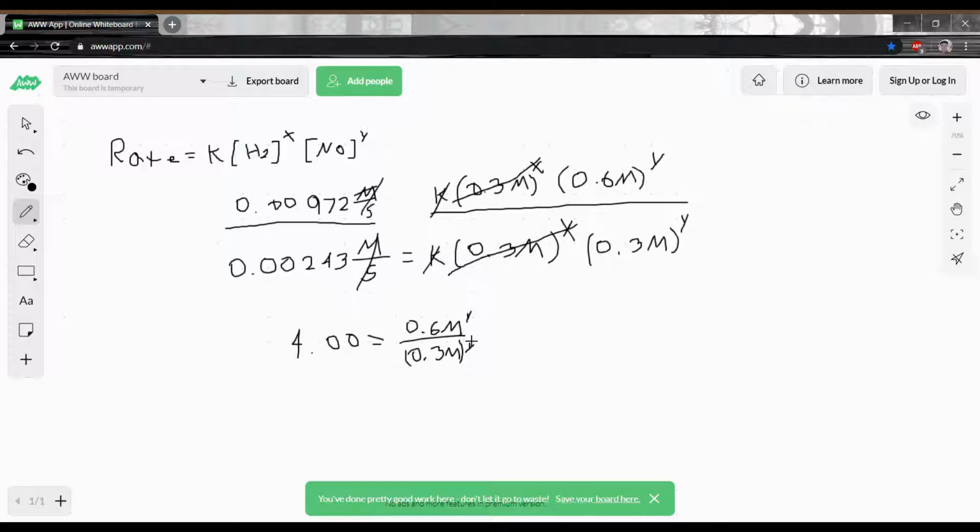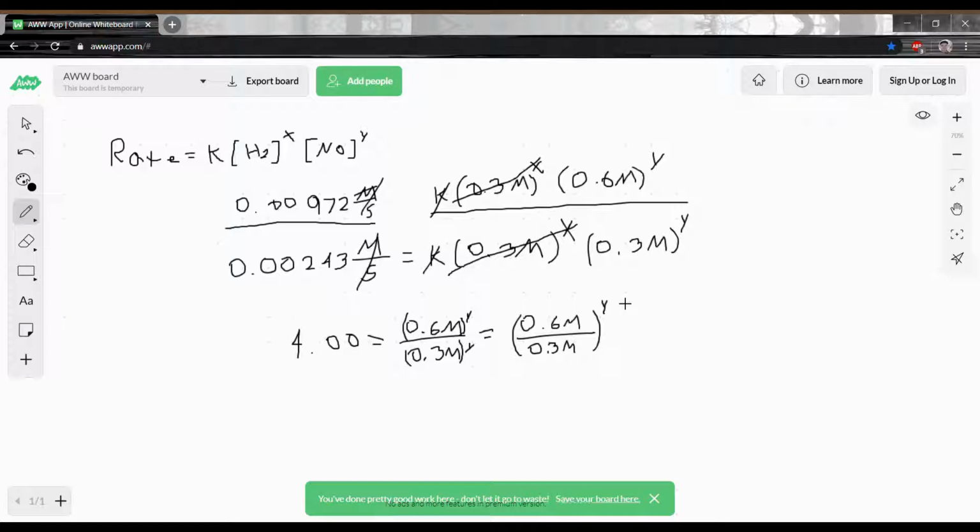Now remember, when we have a fraction where they're both raised to the same power, we can pull that power out, so that the whole quantity, 0.6 over 0.3, is raised to the y power.